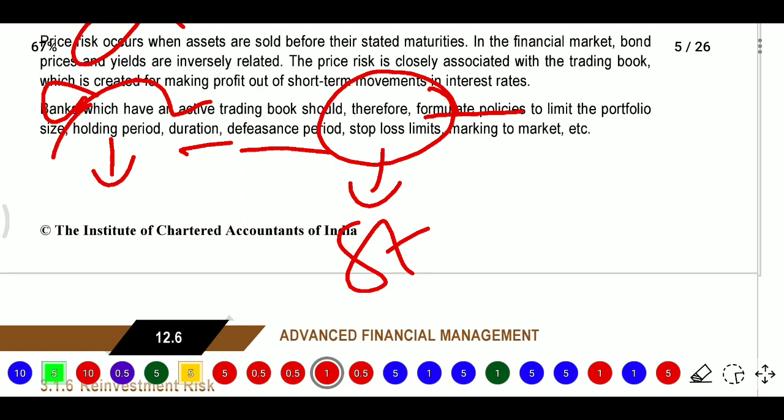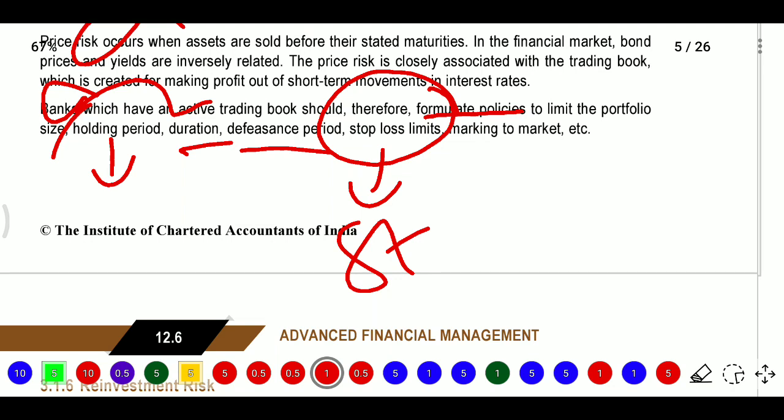If you are entering the stock market and want to buy any stocks, at the time of buying the prices will be changing on a real-time basis. So to stop that loss, we need to use this stop loss limit option.